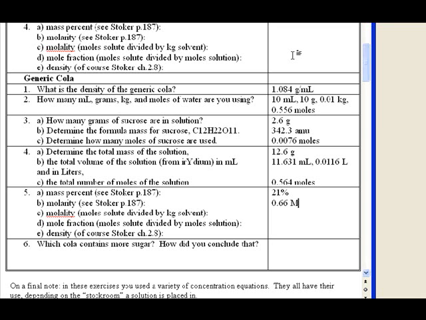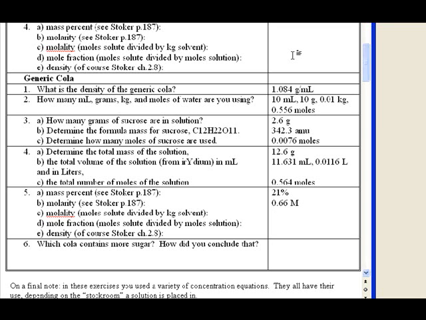The molality, which is probably not in the book, but it says moles solute divided by kilograms of the solvent.